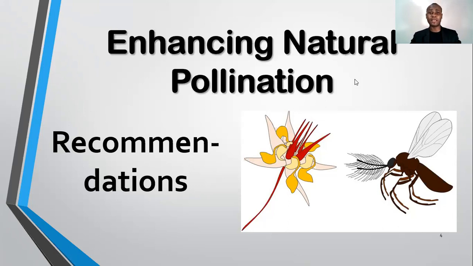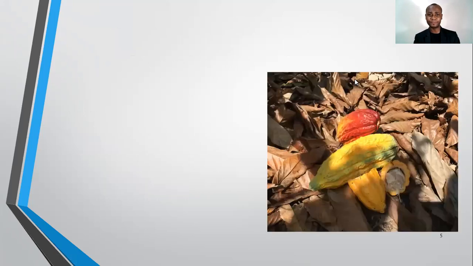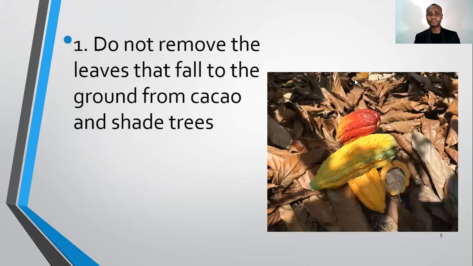We are going to look at more, and go a little deeper. Recommendation number one: do not remove the leaves that fall on the ground from cacao and shade trees. As you can see here, the leaves that fall, don't remove them.